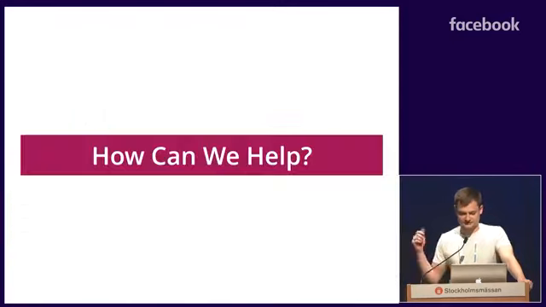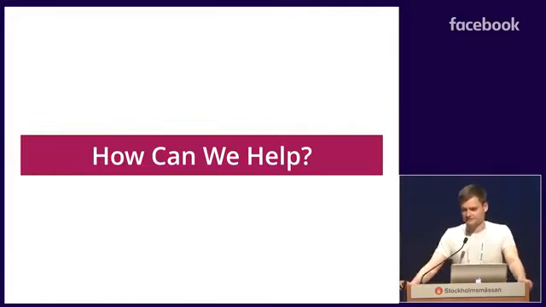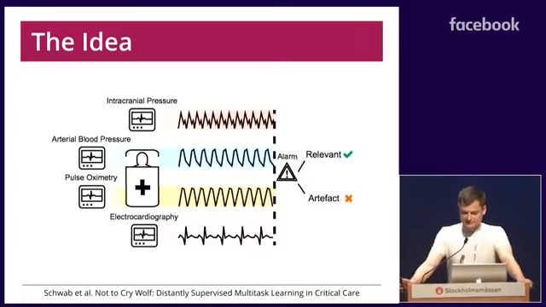So naturally, as a machine learning researcher, I thought, what can we do for these people? How can we make their environment better using machine learning? The idea is actually quite simple. We're using these monitoring systems, and we get, at time point t equals 0, indicated by this dashed line here, an alarm.